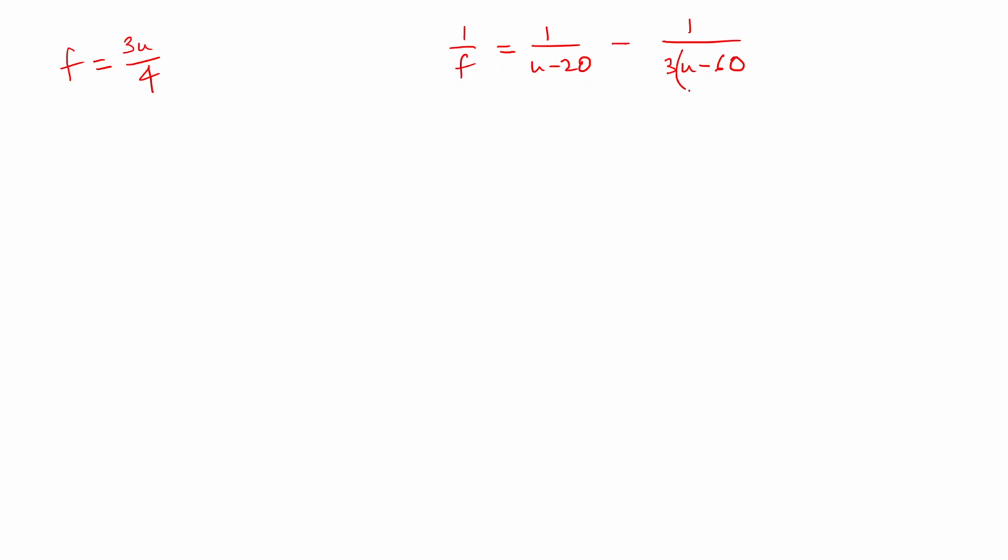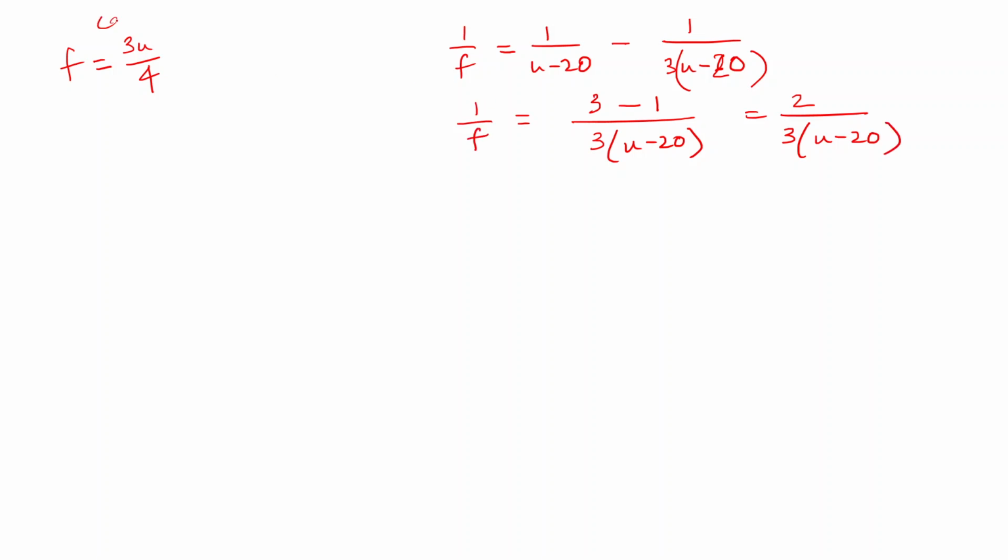From this it will be 3 times u minus 20. This will be 3 and this will be 1. So this will become 2 divided by 3 times u minus 20. This is 1 by f.